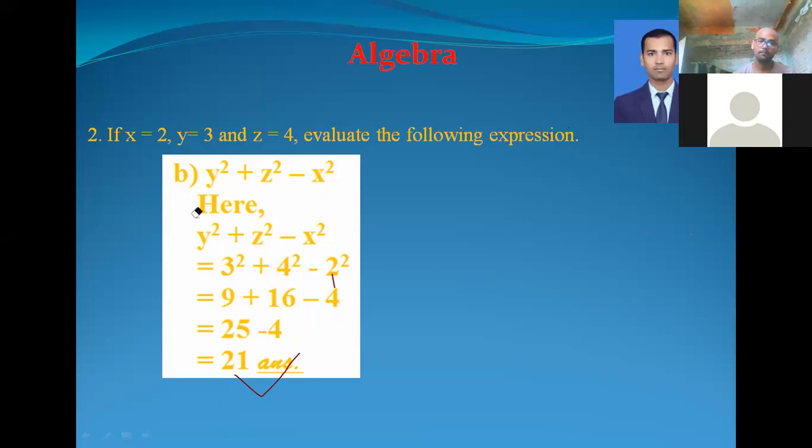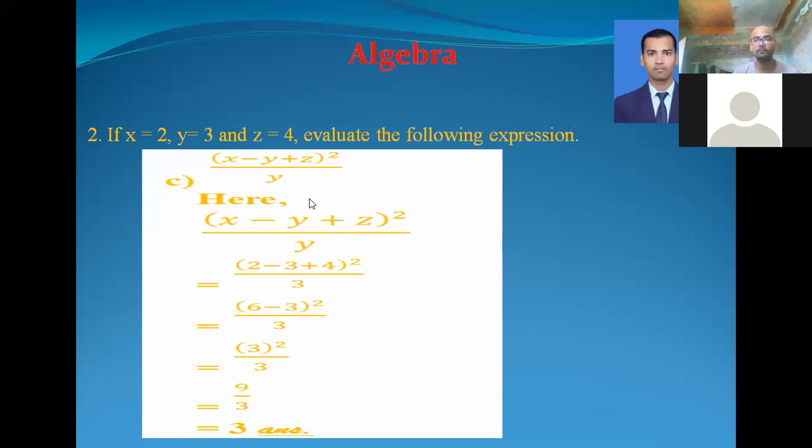So similarly, let's talk about question number C. And we have question number C here. X minus y plus z whole square by y. While solving this, again we replace the variables by their values, where x is equal to 2, y is equal to 3, and z is equal to 4.